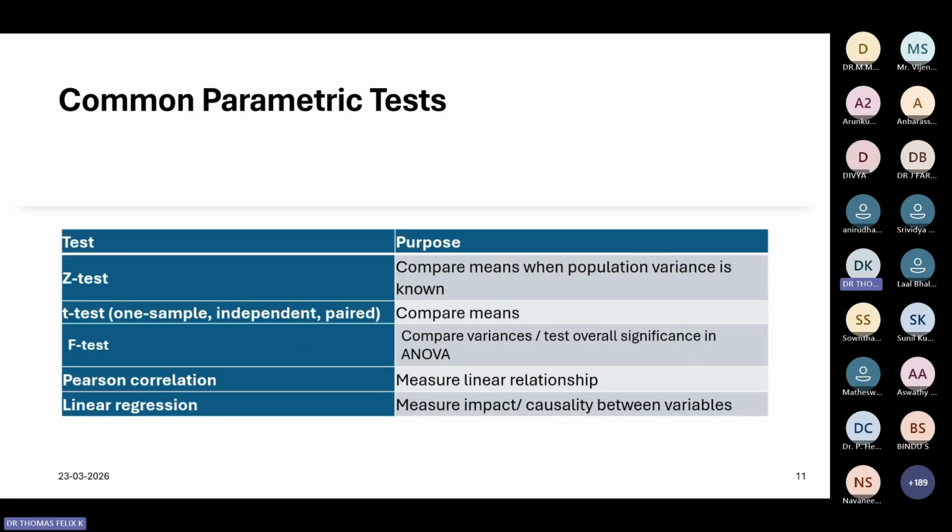Now we are going to see what the common parametric tests are. First is the Z test, then T test, F test. These are the major tests. In the starting, I have mentioned that our lecture is going to focus on the statistical test.